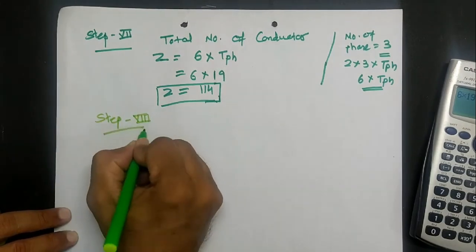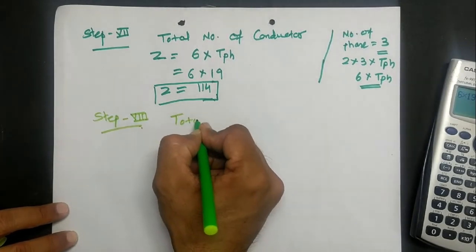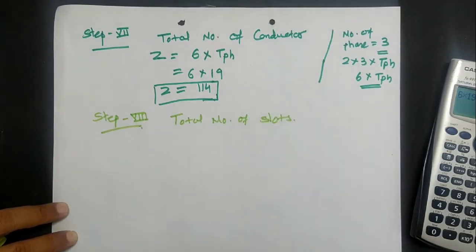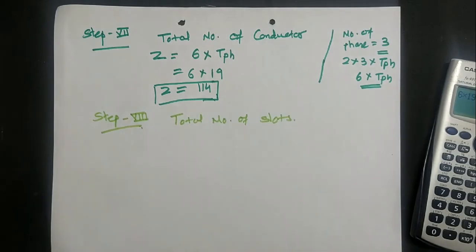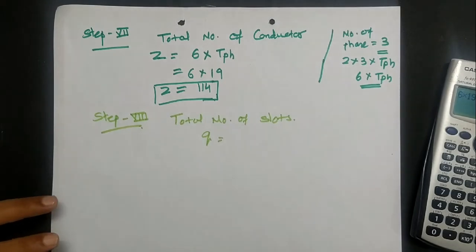Now let us proceed further, and calculate step number 8. In step number 8, let us calculate the total number of slots. Suppose we take a standard value for the number of slots per pole per phase, Q. In the case of a turbo alternator, the number of poles is less, so the number of slots per pole per phase can be considered higher.